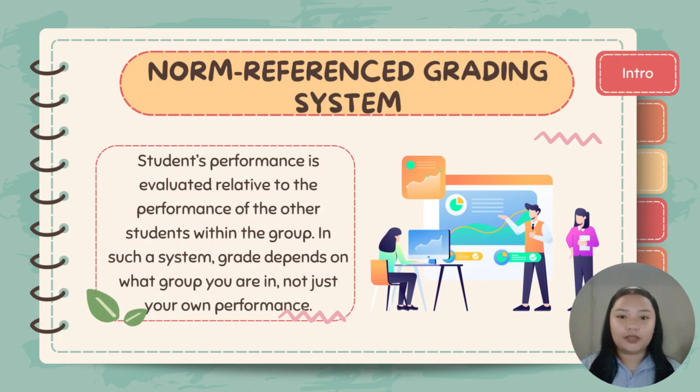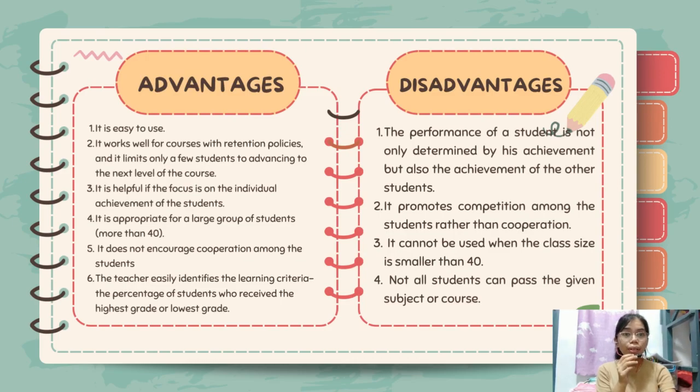Now, there are six different advantages of the norm referenced grading system. First, it is easy to use. Second, it works well for courses with retention policies and it limits only a few students to advance to the next level of the course.